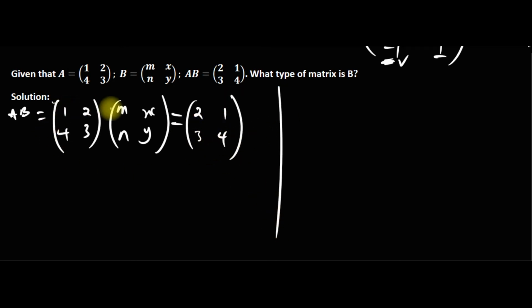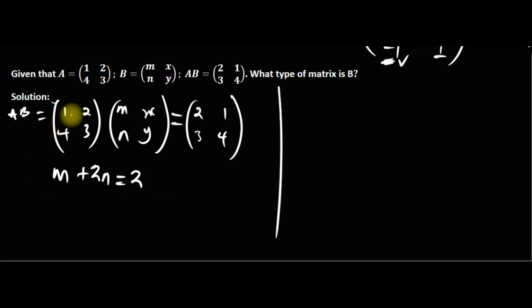So 1 times m is m plus 2 times n is 2n. We multiply row and column. This must give us 2.